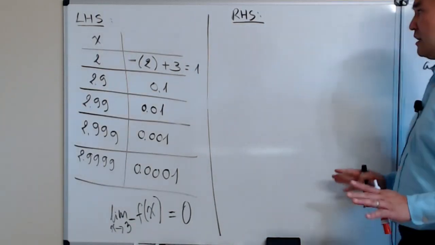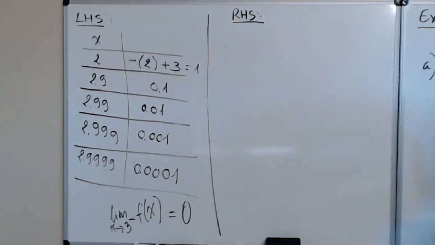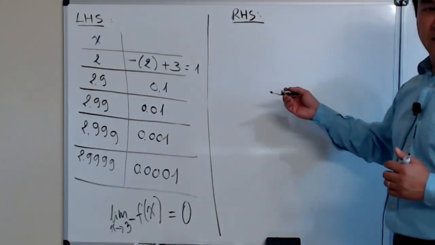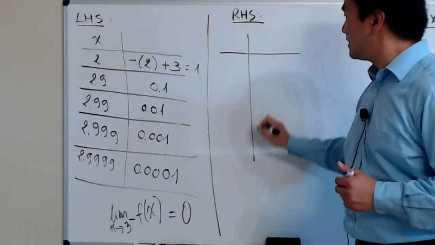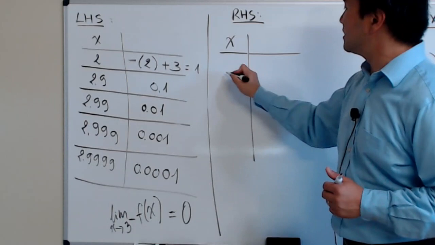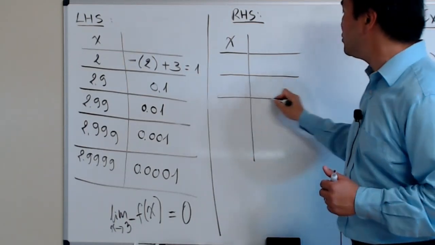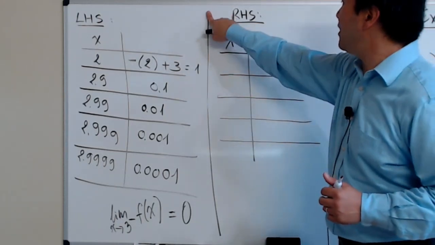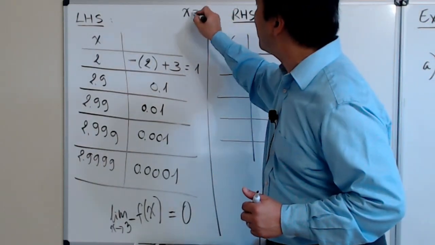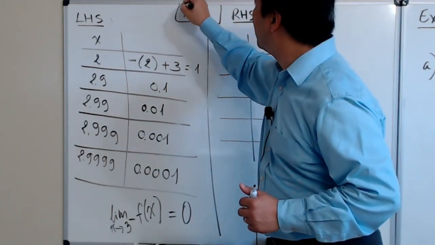Okay, but now let's look at the right-hand side limits. I am going to produce a similar table of values, but this time I am going to purposely choose those values that are on the right-hand side of our limit point. So remind yourself, our limit point here is 3.